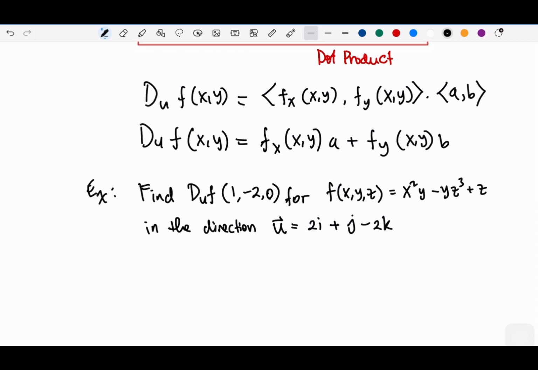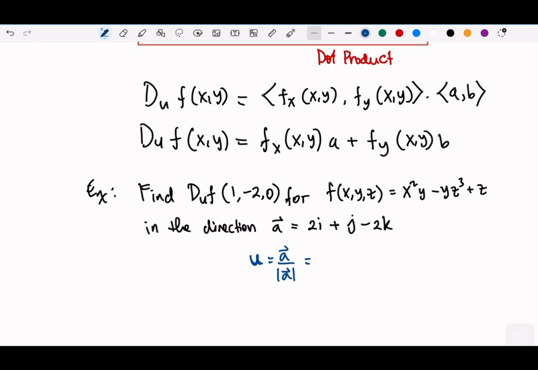So we need to define the unit vector. Or maybe to make it easy to follow, let me make it not u, but maybe with A. Okay. So the unit vector will be A divided by the magnitude of A. That's the definition of unit vector. Okay.